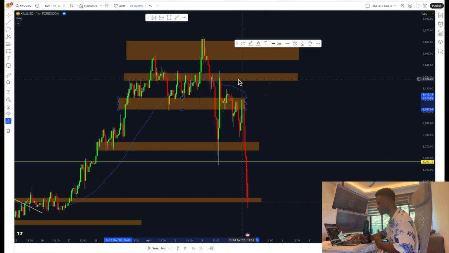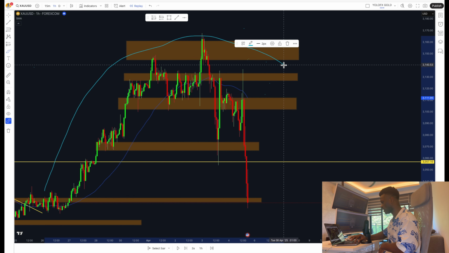But we see at this zone there was a very strong sell. So once we see that, we start to know that the market is now heavily moving to the other side. And regardless of all that, the market is actually moving from up back to down.